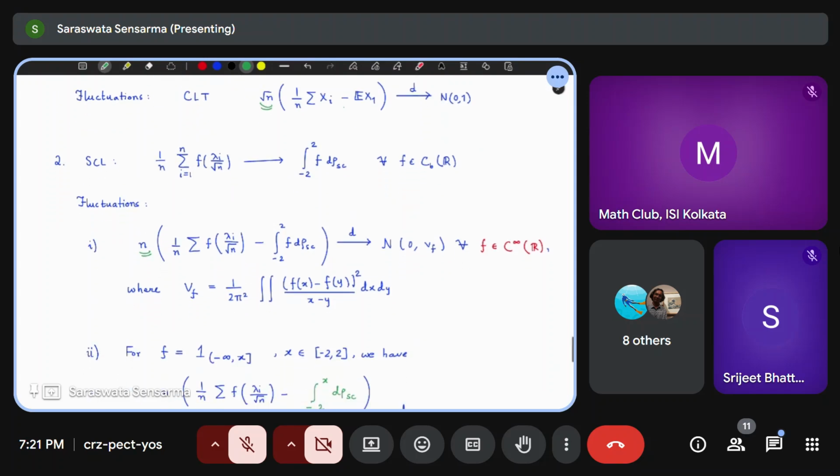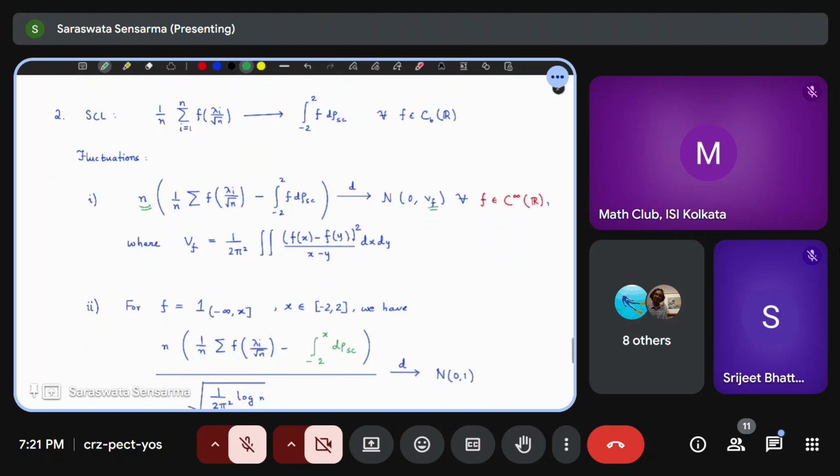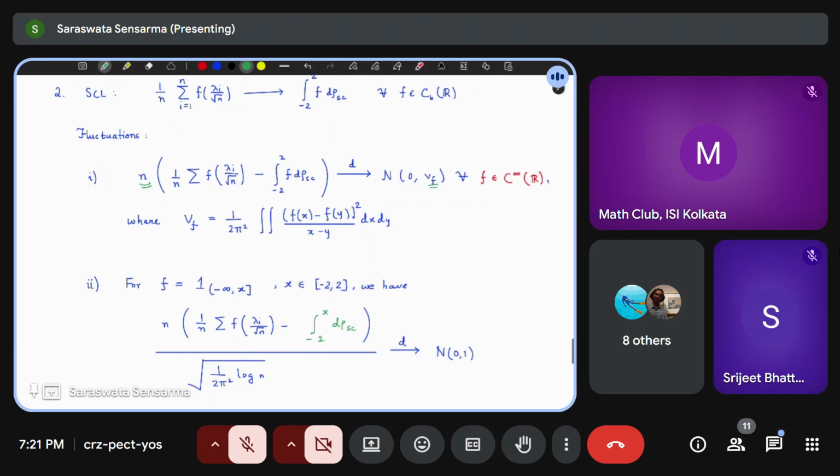Okay, and there's an expression for this variance. However, there's this funny thing that if you're looking at smooth functions, you would get this sort of a convergence. I think the smoothness can be reduced to something like C2, but not beyond that. In particular, if you're looking at functions which are not smooth, then you get other kinds of behavior.